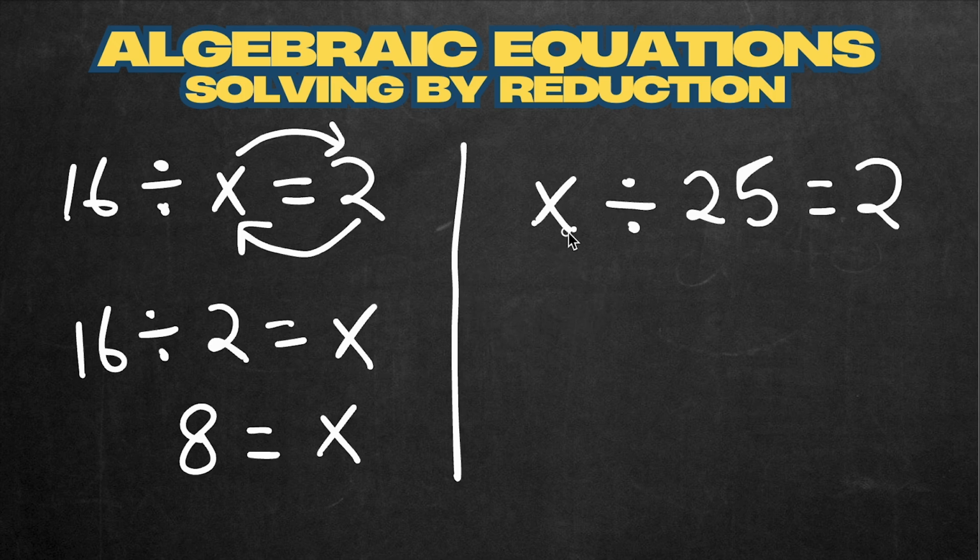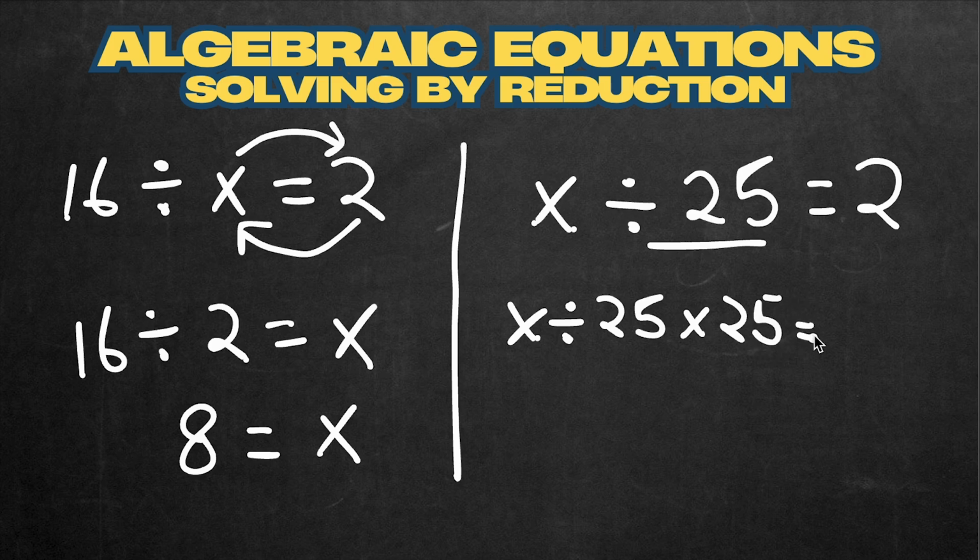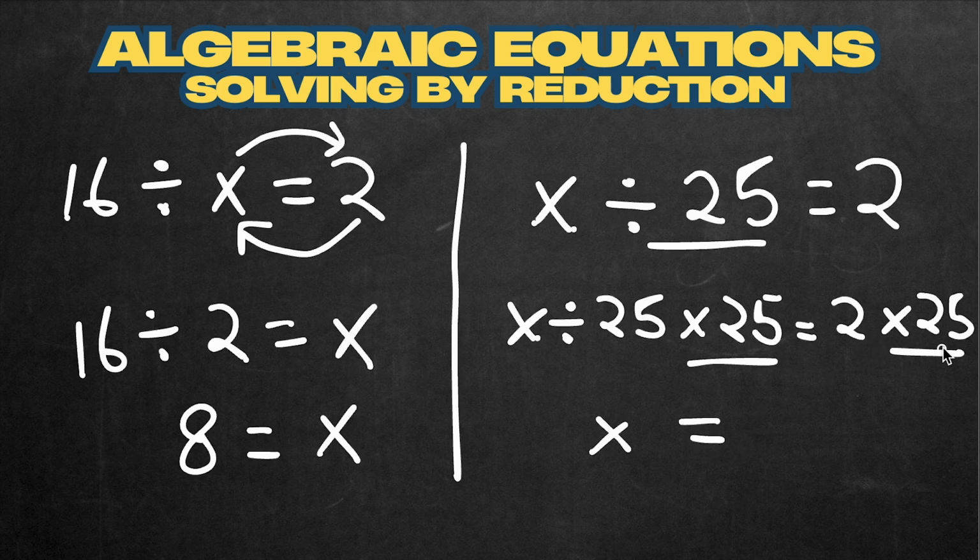What did I tell you? When you have this at the back, you just do the opposite action, which means x divided by 25 times 25 equals 2 times 25. I took the same action on both sides. This will make a 1, so there will be remaining x equals 2 times 25, which is 50. Easy, right?